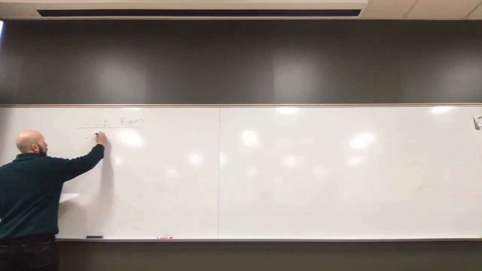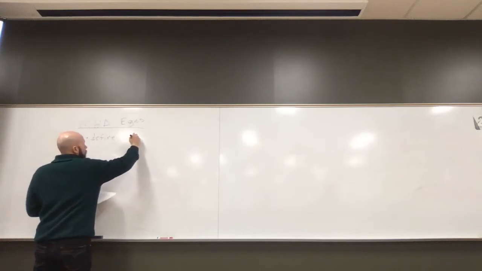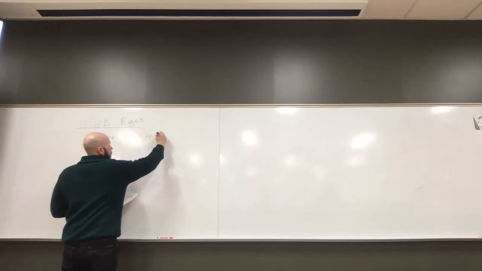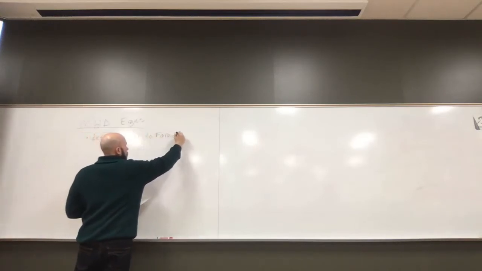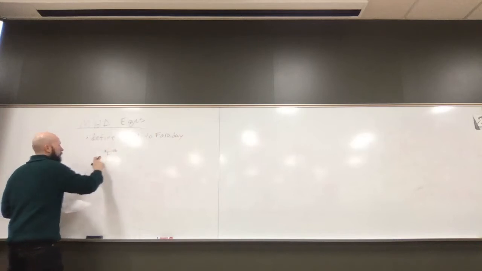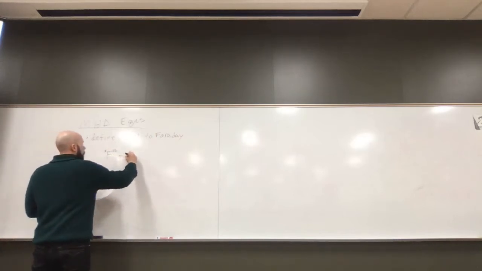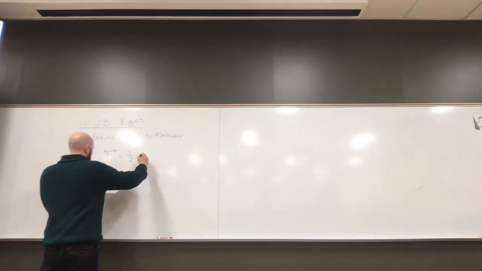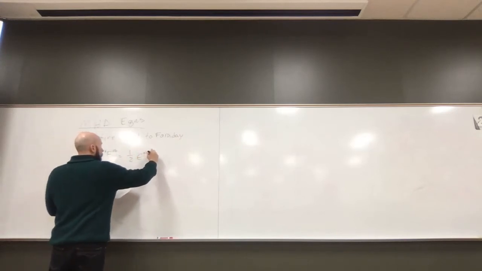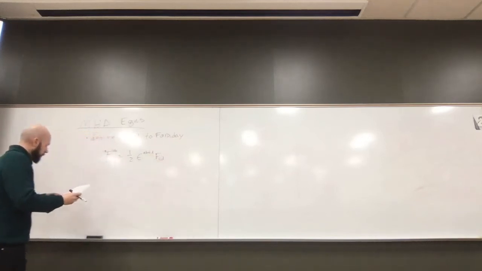So let's start by defining the dual to the Faraday tensor. We're going to denote that by F star AB. So I'm going to put a little star up there representing the dual to my Faraday tensor. 1/2 the Levi-Civita ABCD times our regular Faraday tensor.